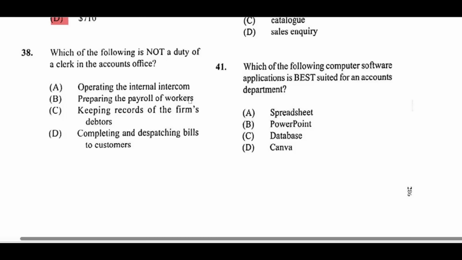Keeping records of the firm's debtors, that is a duty. Completing and dispatching bills to customers, that is a duty. So which of the following is not a duty? That will be A. All right, A.